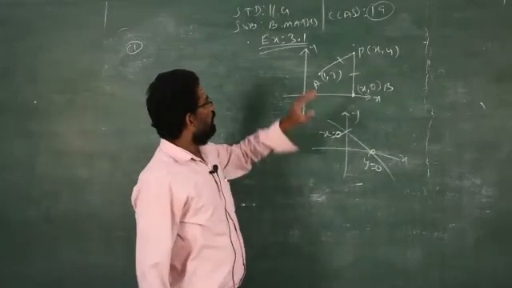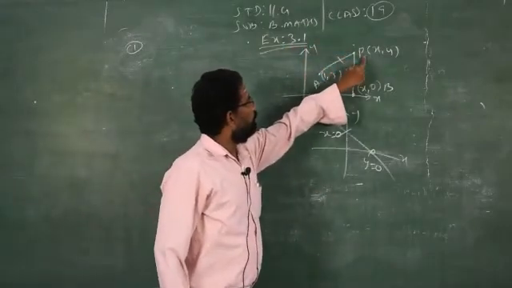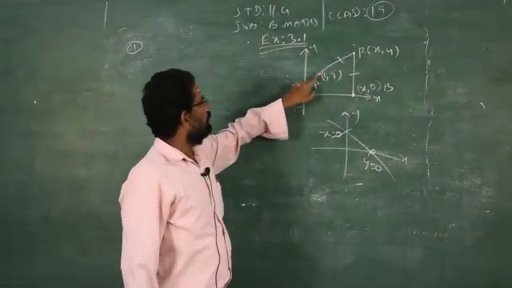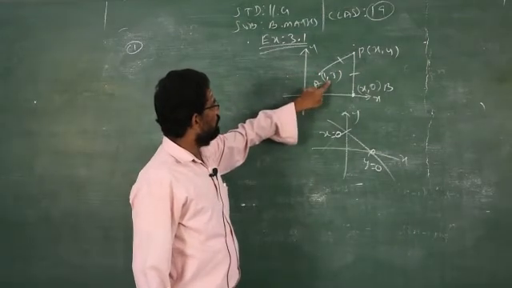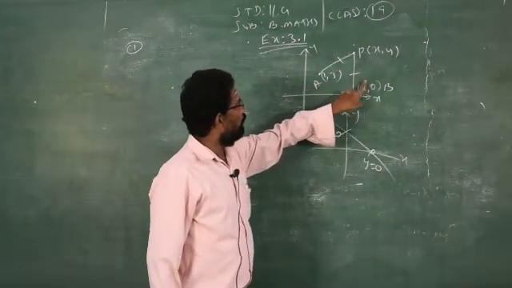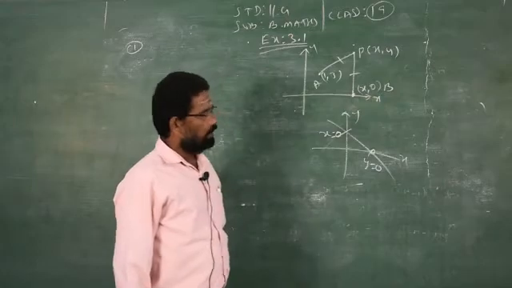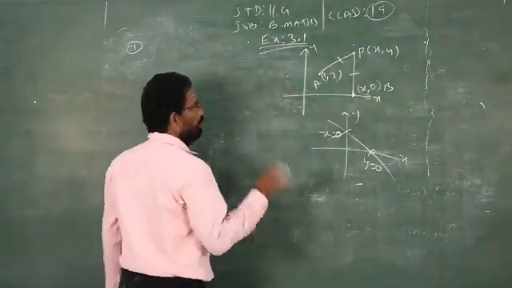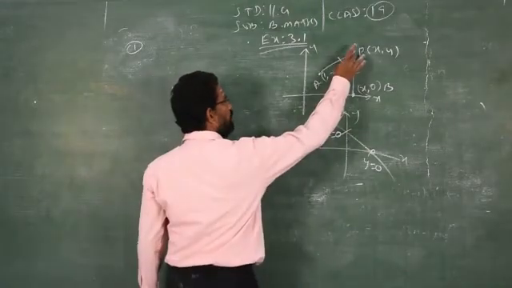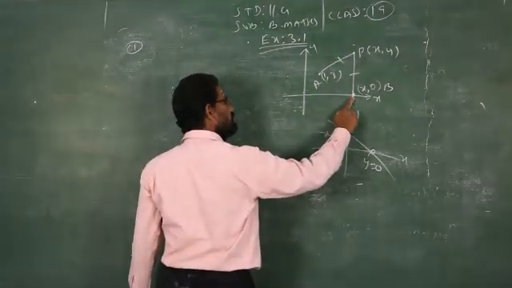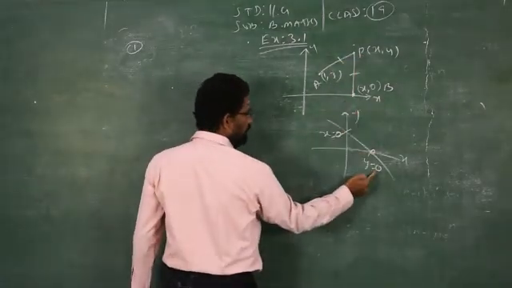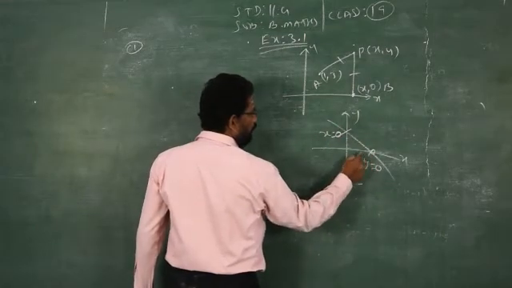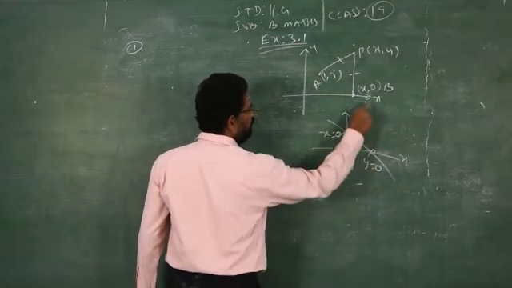They gave the distance from the locus point to the fixed point (1, 3) and to (x, 0). How do you find (x, 0)? There is no information given for (x, 0), sir. Very simple: this straight line meets which axis? The x axis. Understand the concept: any straight line meeting the x axis has y always 0.